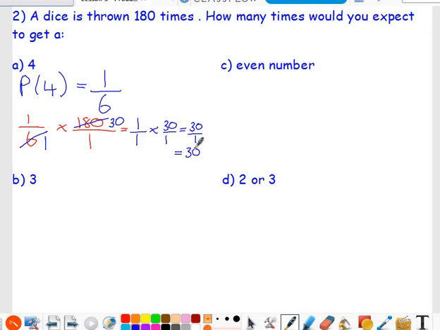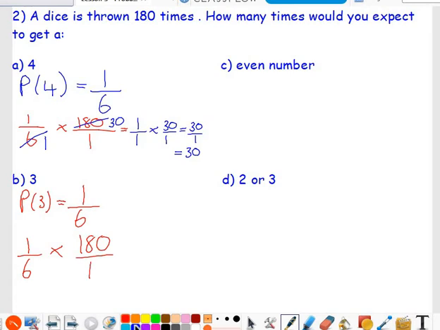Next is asking us the probability, how many 3s we would expect. So again, P3, well, the probability is the same. There's still only 1 three on the dice with 6 possible numbers. So the chance is going to be the same. 1/6, the probability of it happening, times by 180, the amount of times we repeat the trial.